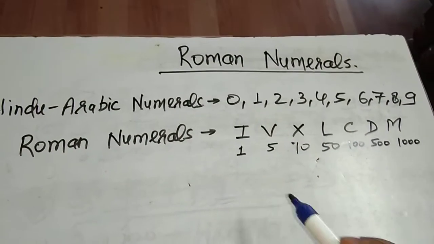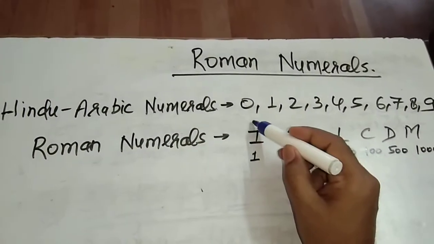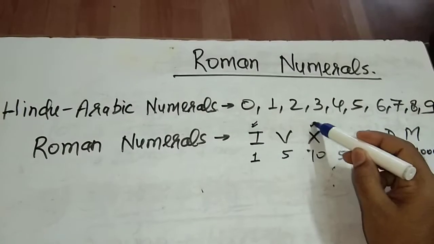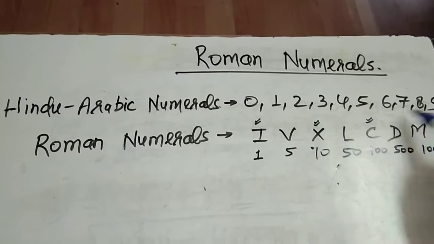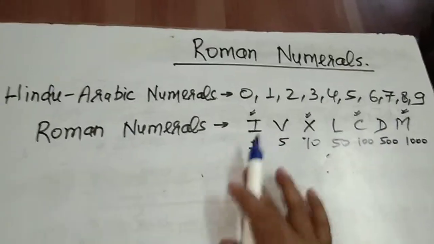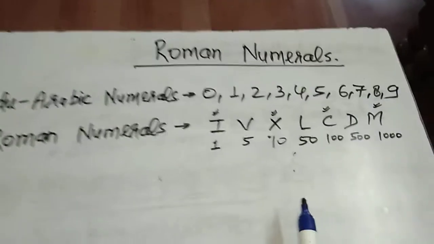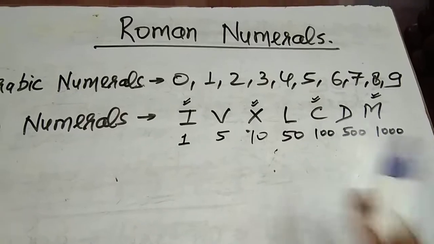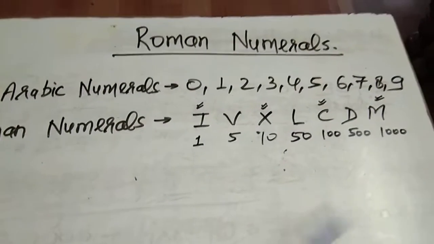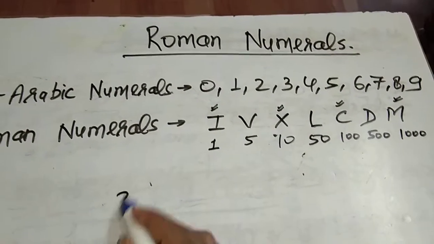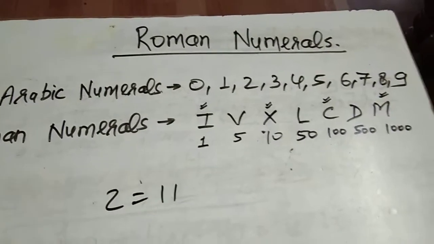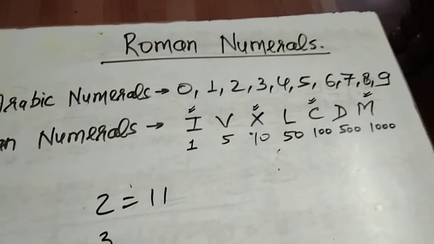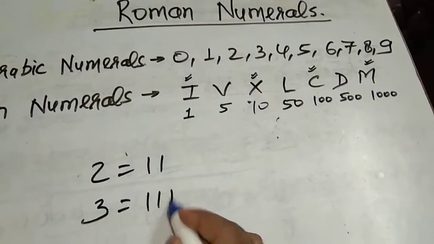Rule number 1: we can repeat only these 4 symbols: I, X, C and M. Only 4 symbols we can repeat, not all. V, L and D we cannot repeat. Suppose we have to write 2, we can repeat I 2 times. To write 3, we can repeat I 3 times.